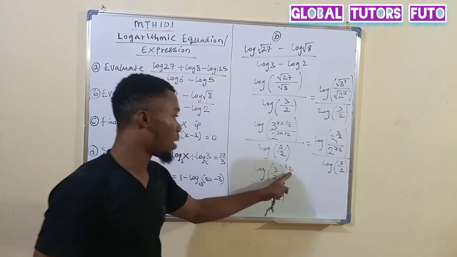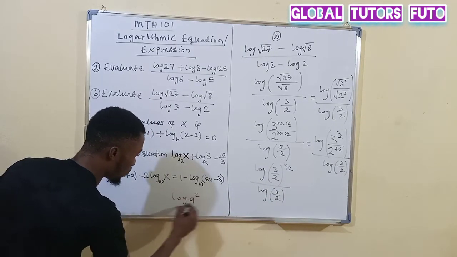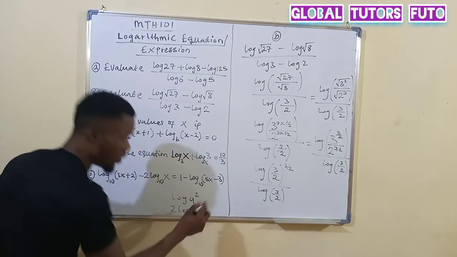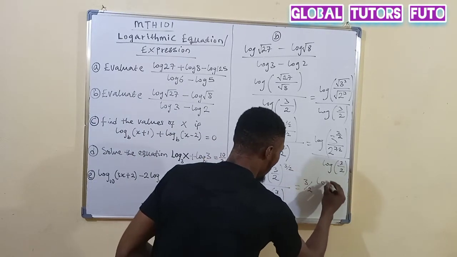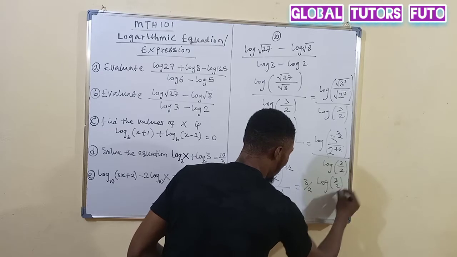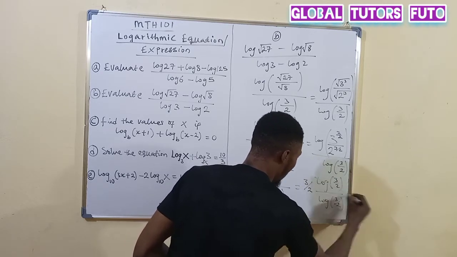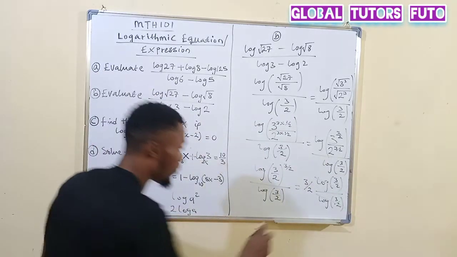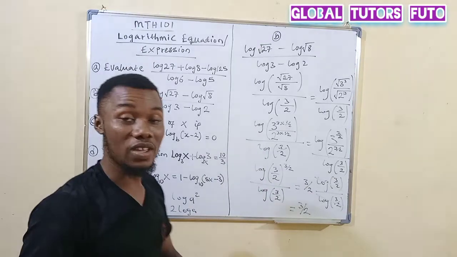So now we can put this power to the back. When you have log a raised to power 2, something as 2 log a. So when we put that back, we have 3 over 2 log of 3 over 2, over log 3 over 2. So this can cancel this, and our final answer is equal to 3 over 2. As you can see, this is very, very simple.